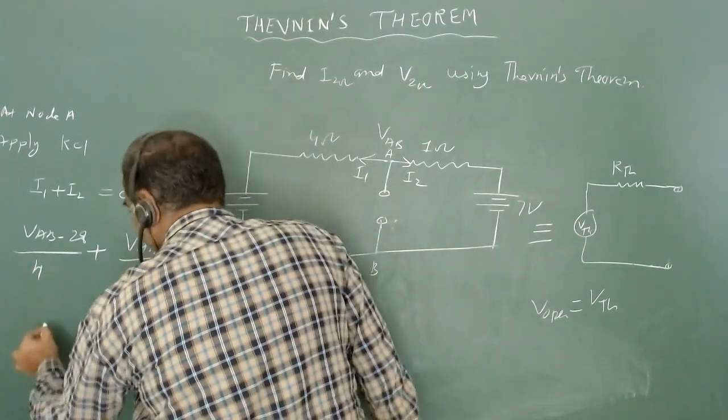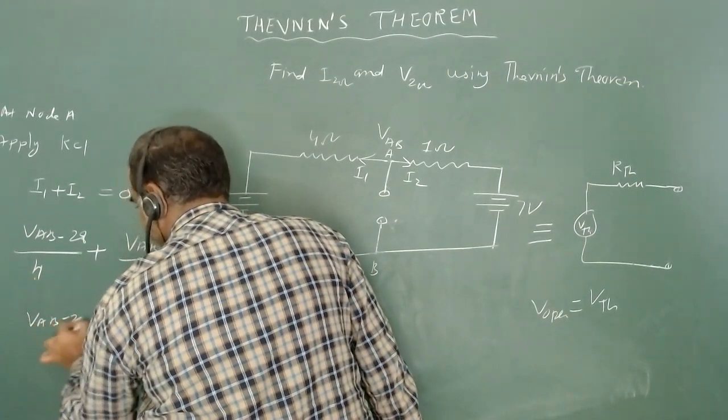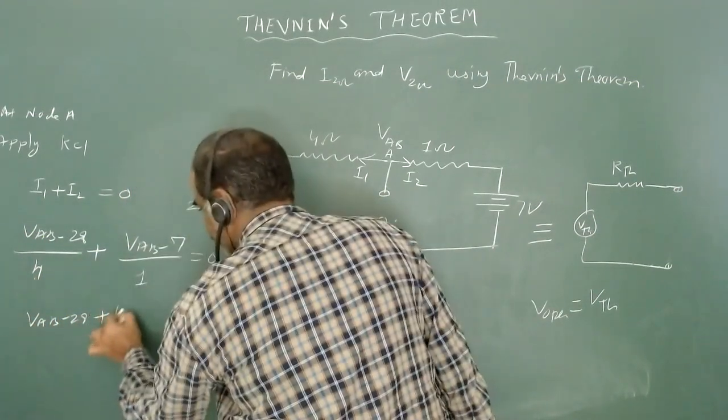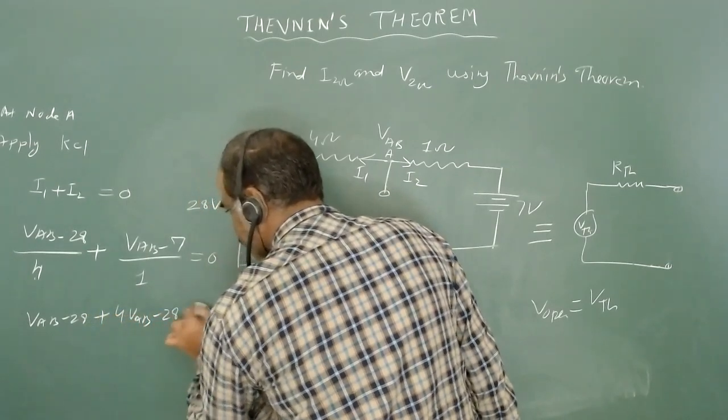Now if I calculate VAB, this will be VAB minus 28 plus 4 VAB minus 28 equals 0.